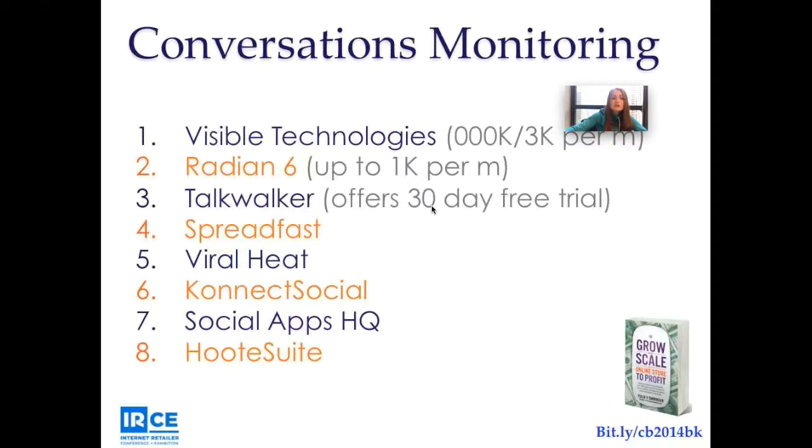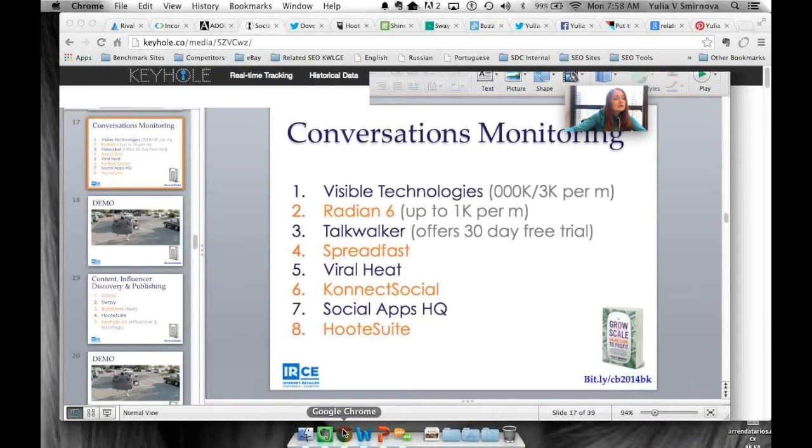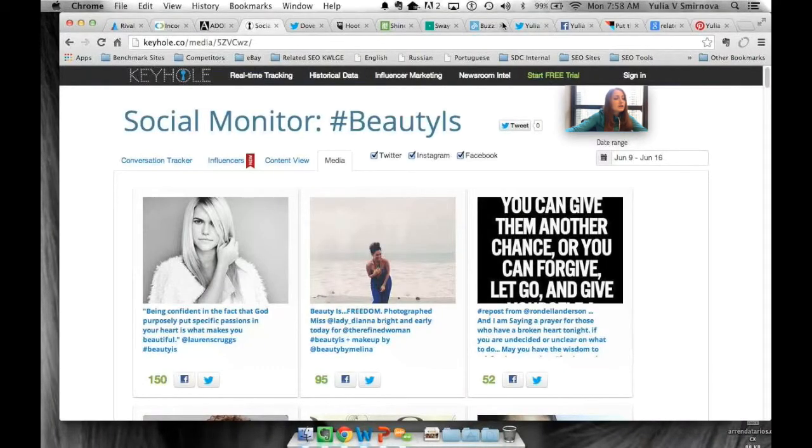And there is always HootSuite that can help you do the basic stuff. For $10 per month, you can automate your publishing, and you can do very organized and time-efficient monitoring.